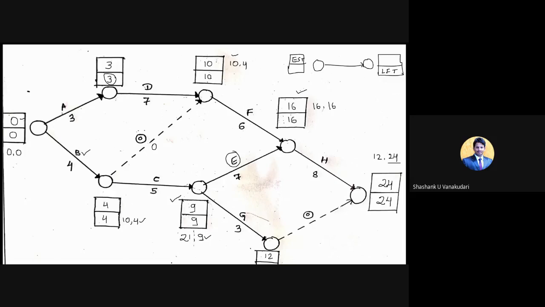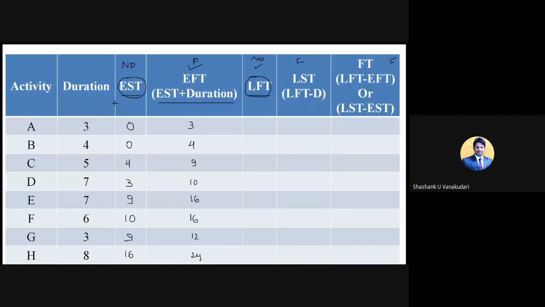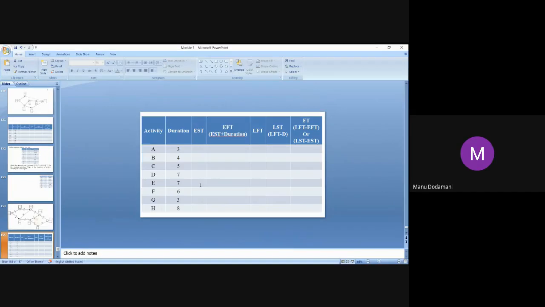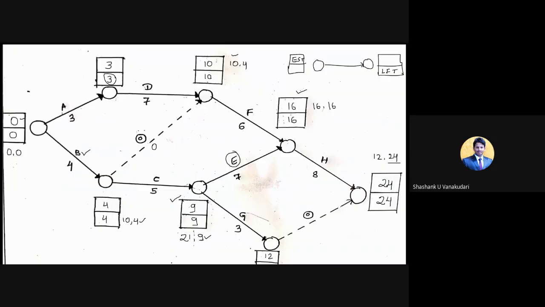So for A activity, 3 is the LFT value, and for B activity, 4 is the LFT value. For C, 9.